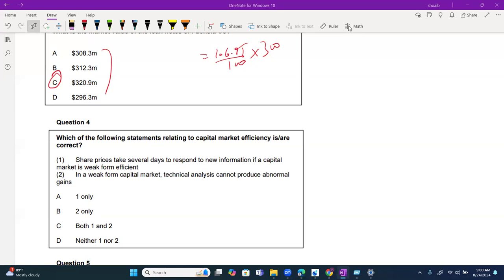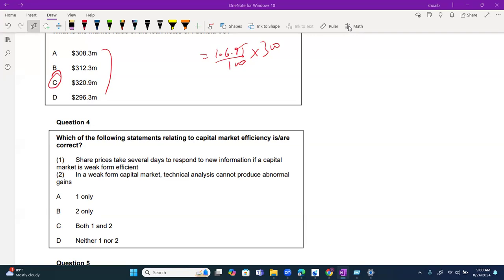Look, this statement is apparently looking correct, but it is not. Share prices will take time to respond to new information, but one hour, two hours, one day, two days, it depends. We didn't discuss the timing. There was no discussion of timing in our lectures. So A is incorrect.